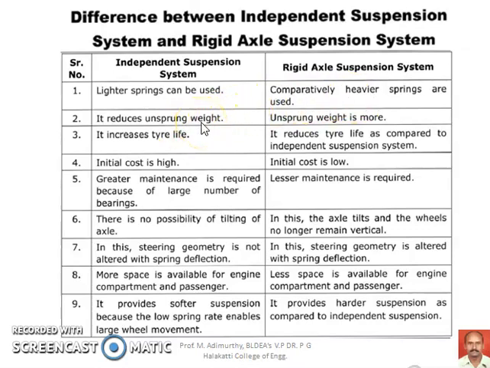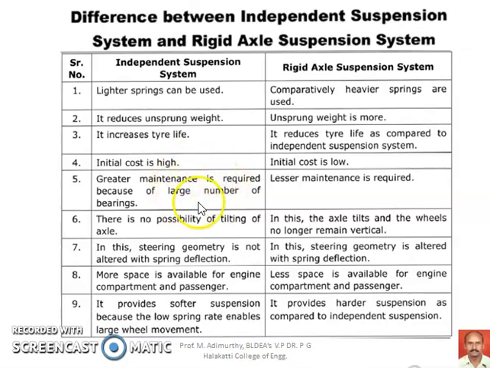Unsprung weight is low in independent system in comparison with the regular rigid axle suspension system. And the independent suspension system provides better tire life because of the stability in comparison with the rigid axle, whereas initial cost is high for the independent and it is relatively low for the rigid axle.